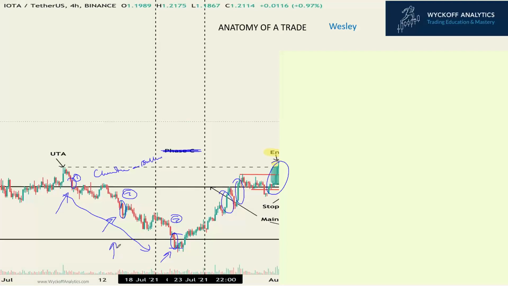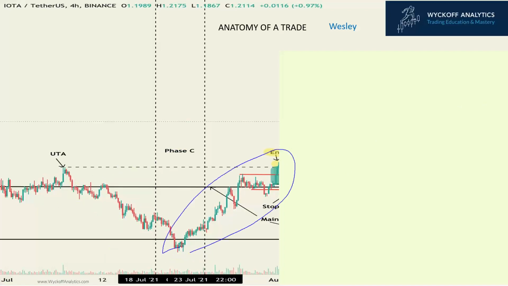And as Wesley is pointing out, at a support area, we're seeing that spring event. Then after that, we're seeing the confirmation, by the character, not by the result, of how the price moves up, that indeed the environment is bullish.